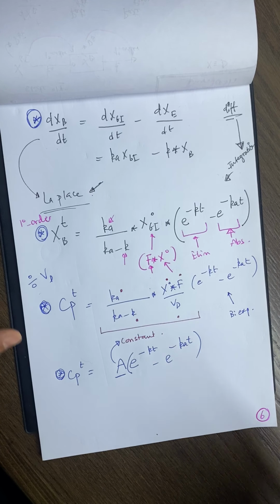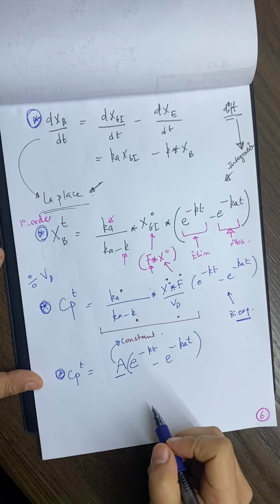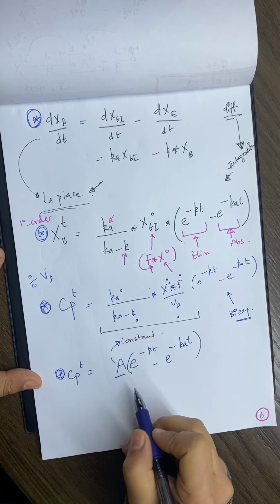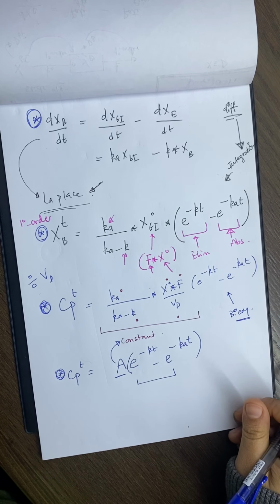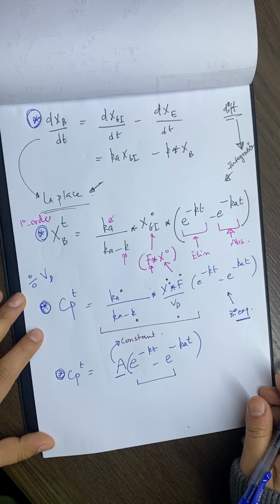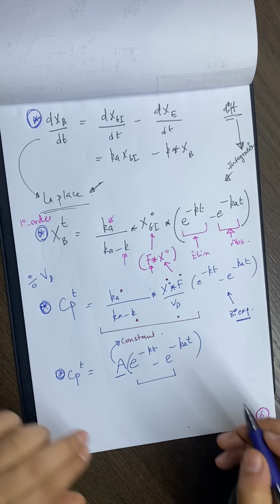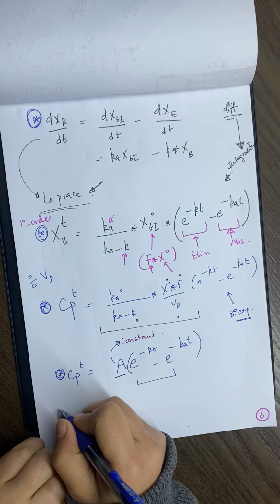That's why the equation is called a biexponential equation, because it consists of two exponential terms.